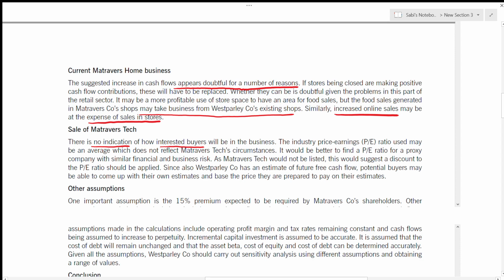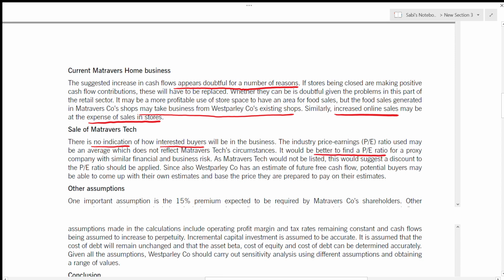The industry's price earning ratio used, which is 18 by the way, may be an average which does not reflect Matt Trevor's tax circumstances. Maybe it's an average PE ratio. It's not necessary that it will reflect Matt Trevor's tax circumstances. It would be better to find a PE ratio for a proxy company with a similar financial and business risk.